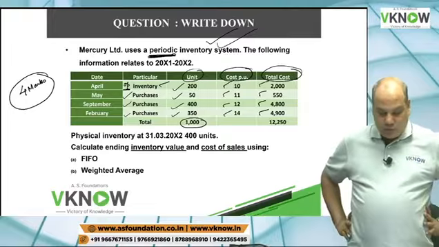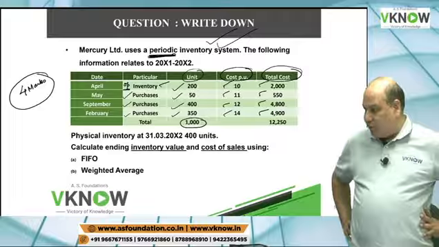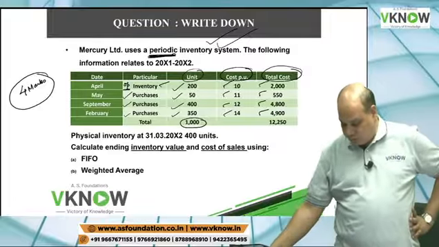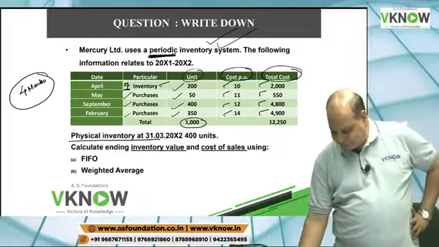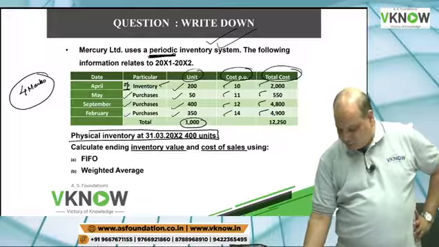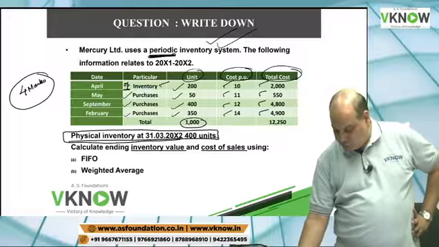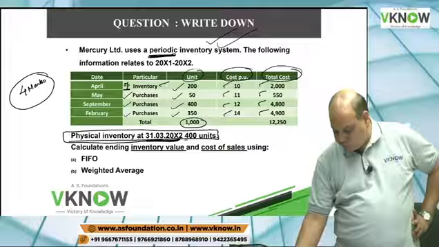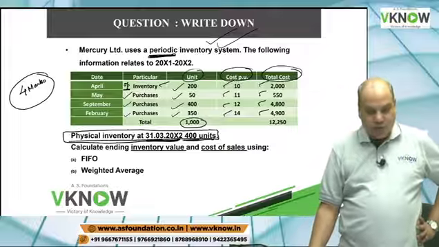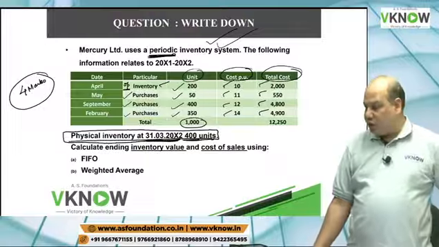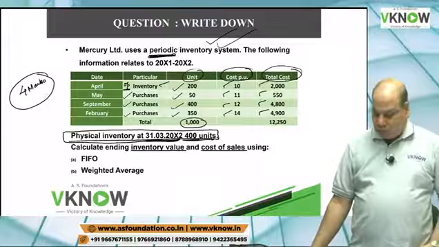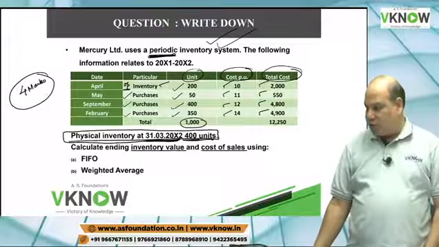Noted? Then you write down one line: physical inventory at 31st March 2002 is 400 units. Physical inventory means closing stock is 400 units.